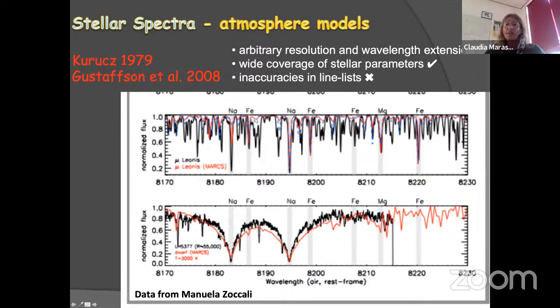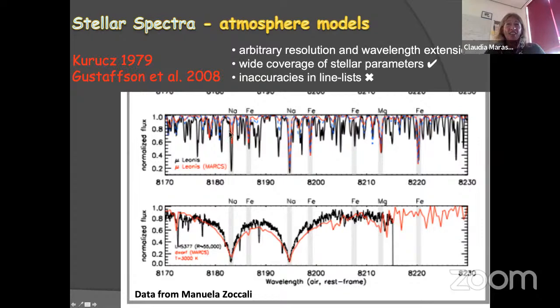In the bottom panel I show a dwarf star with low temperature, and in the upper panel, a giant star also with low temperature. You see that the observed dwarf, which is the black line, is quite well depicted by a theoretical model from one of these papers. This I would rank as a good comparison.